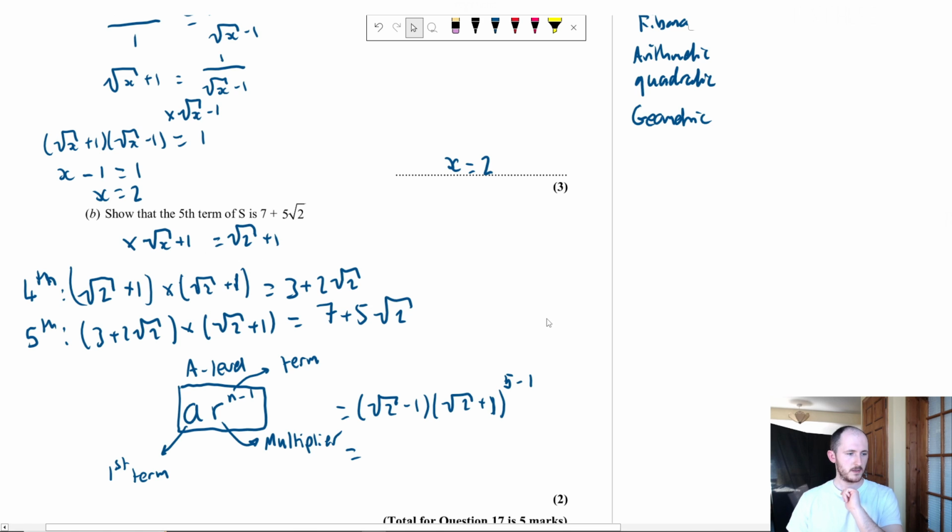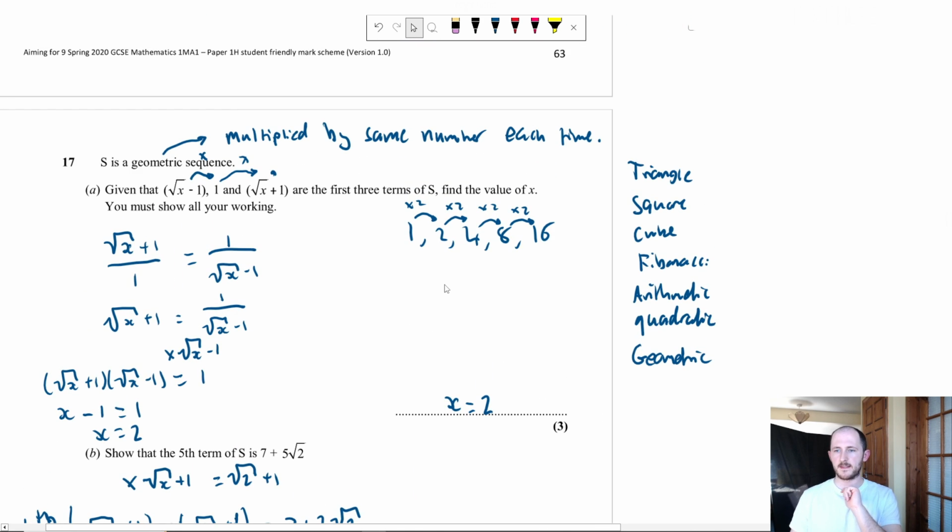Yeah, sure. So, if I take this as an example here, A in this case would be 1, right? Because it's the first term. My common ratio would be times 2. And let's say I want to work out the fourth term, so this one over here. Then I'd say n equals 4.